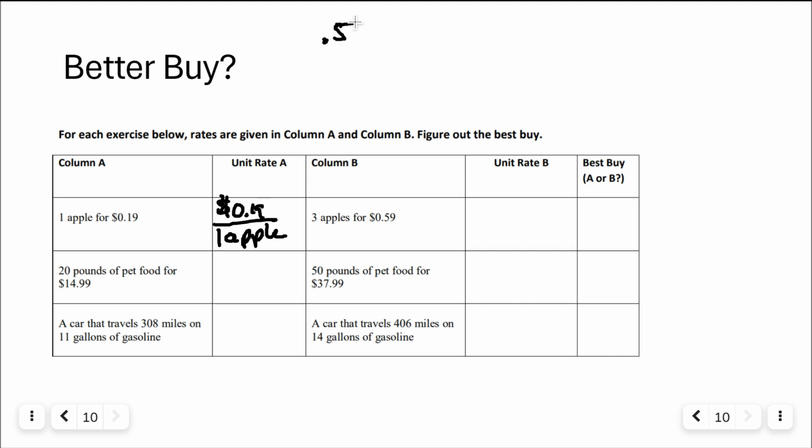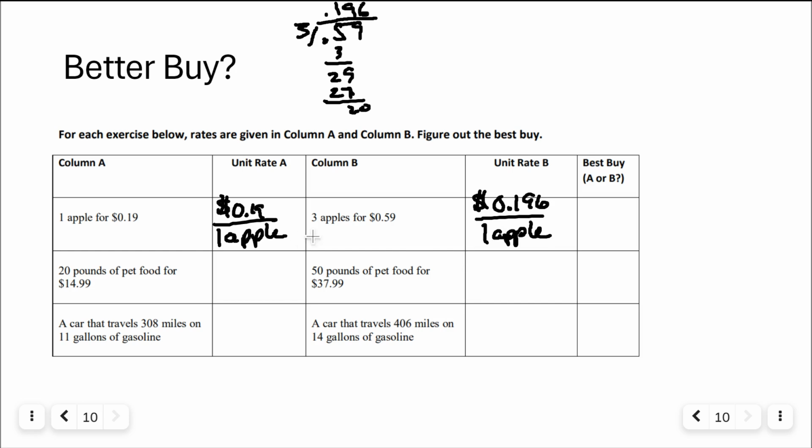We could take 0.59 and put 3 into it. In the decimal there, 1, 2, bring down the 9. 3 goes into 29, 9 times. 27, 2, bring down a 0. 6. So I'm going to stop there. So my unit rate would be 0.196 for 1 apple.